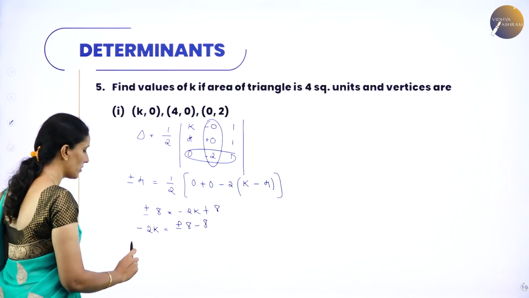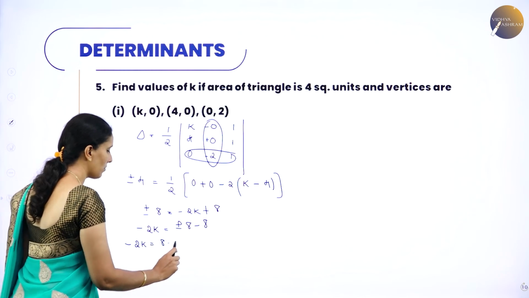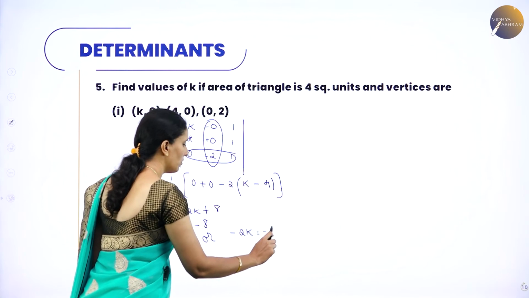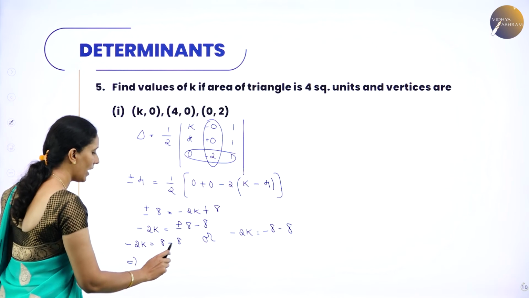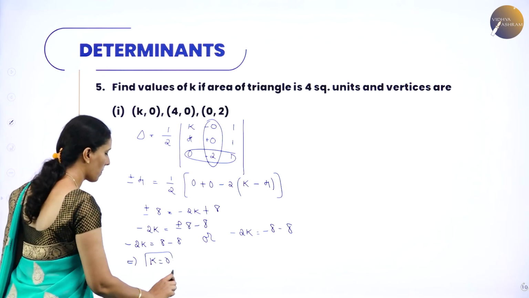So, we get minus 2K is equal to plus or minus 8 minus 8, so we have two options here. Minus 2K is equal to 8 minus 8, or minus 2K is equal to minus 8 minus 8. So, 8 minus 8 is 0, which implies K is equal to 0.